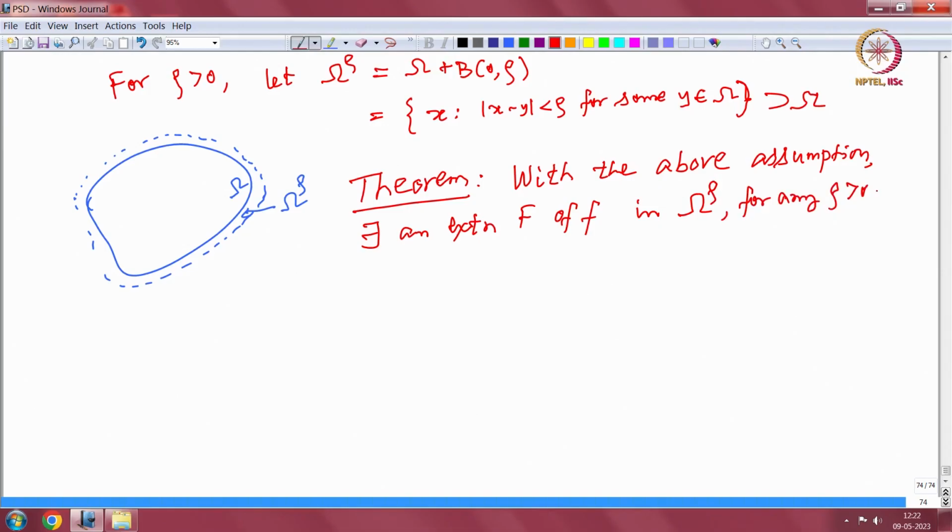Okay. Such that, again the estimates are important for us, so that control. So, this is again an extension in the same class. Okay, so that the Hm norm in omega rho is less than or equal to a constant times the Hm norm in omega.